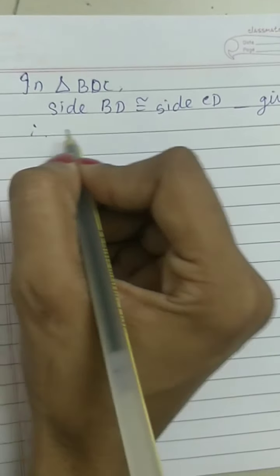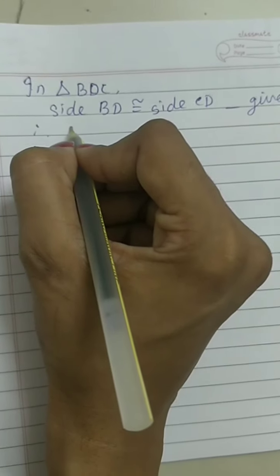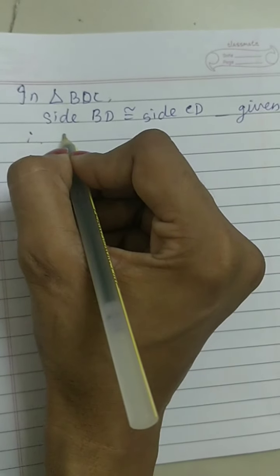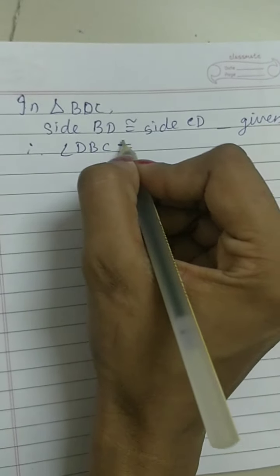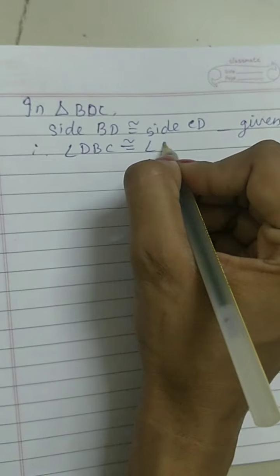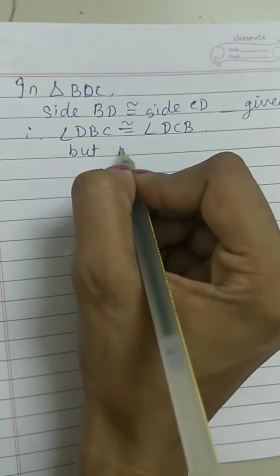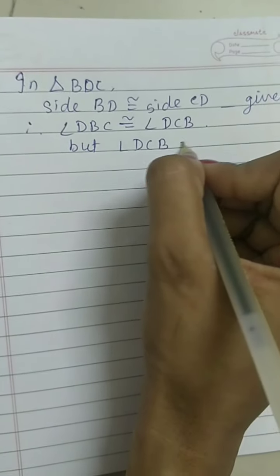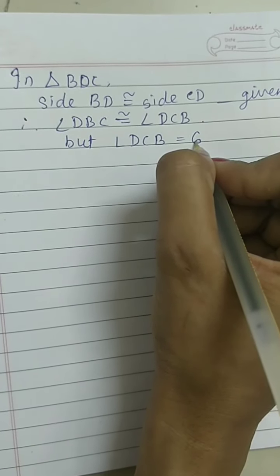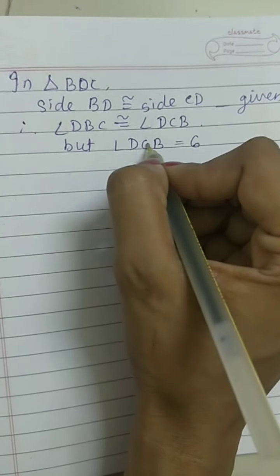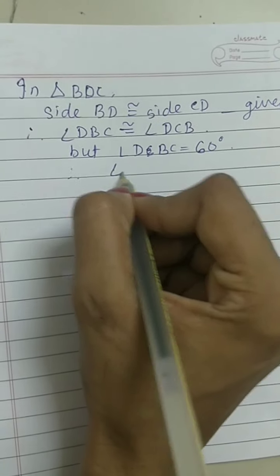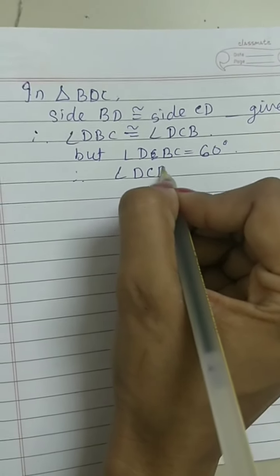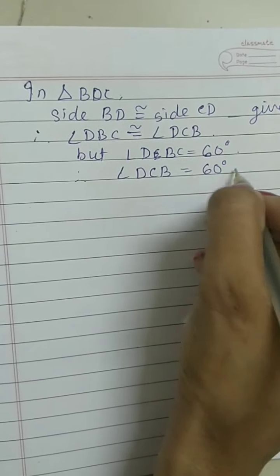Therefore, by this theorem of isosceles triangle, we can write that the angle DBC is congruent to angle DCB, but this angle DBC is given as 60 degrees, and therefore this angle DCB is going to be 60 degrees.